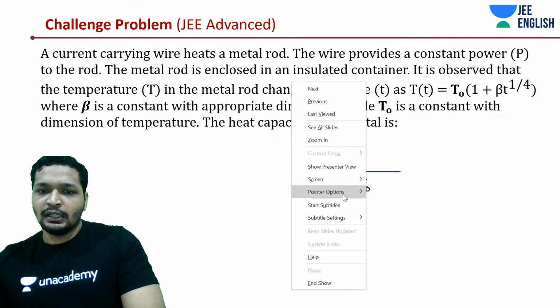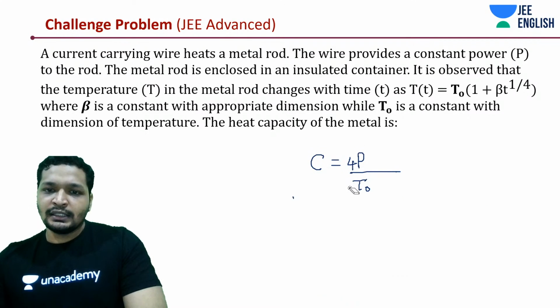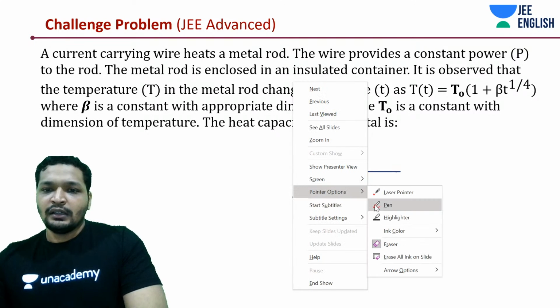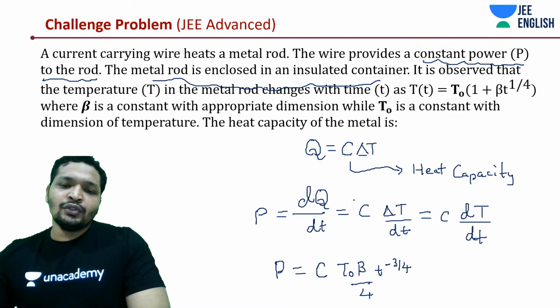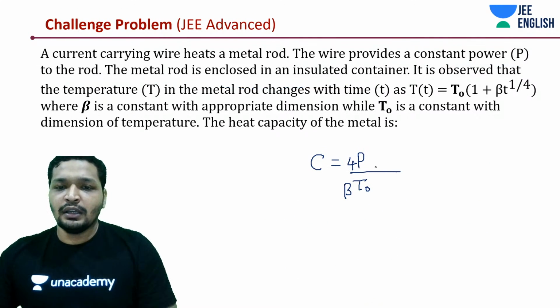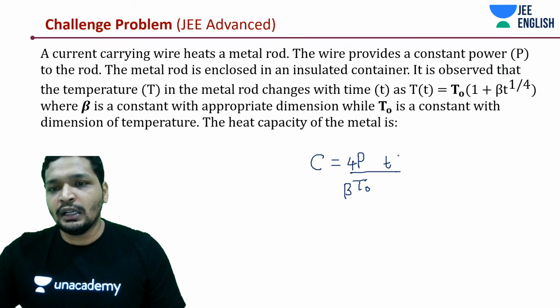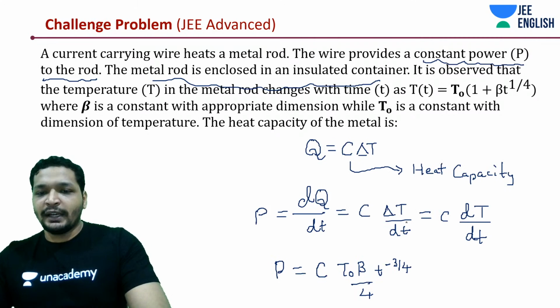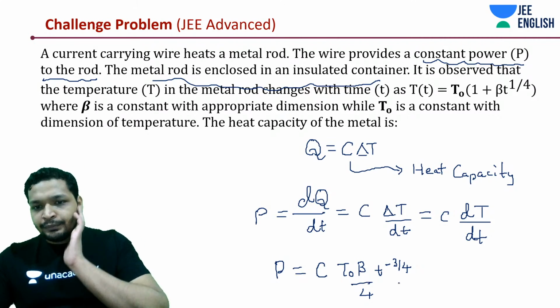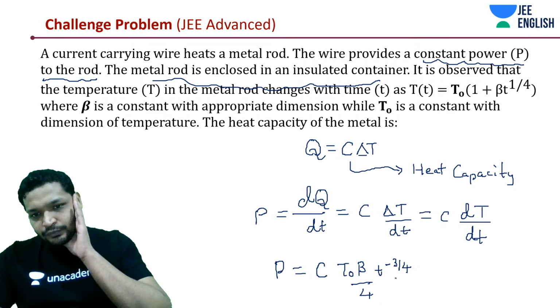Let's rearrange it. Here itself, it's beta into T0, and that's going to be 4P, and this is going to be T to the power 3 by 4. This was minus 3 by 4, now it became plus 3 by 4.